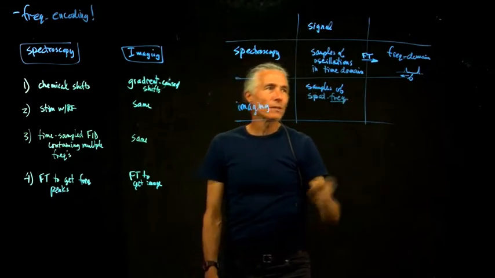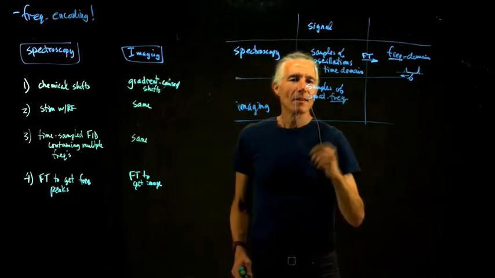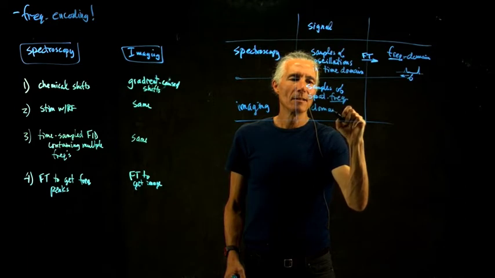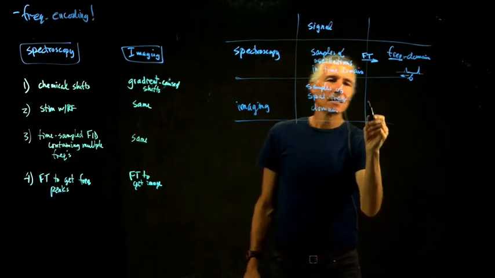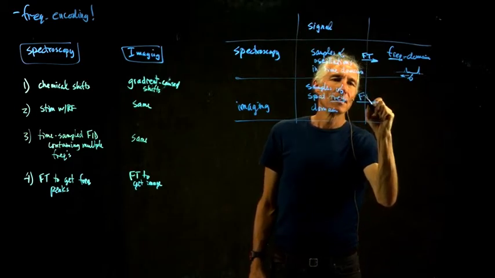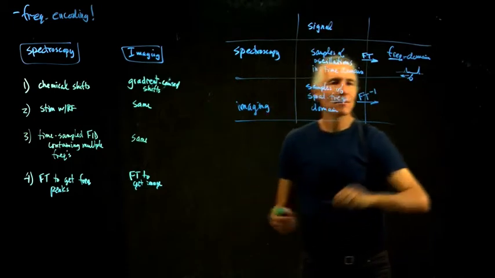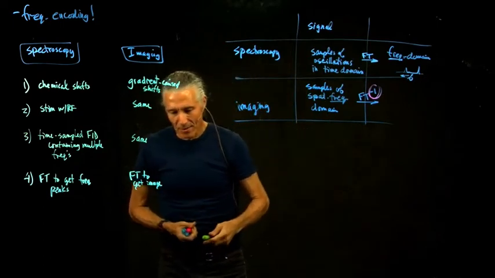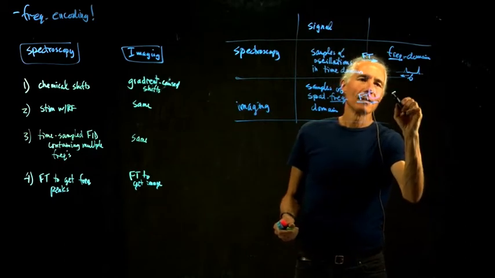We have spatial frequency like this: samples of the spatial frequency domain. And what are we doing? We're doing an inverse Fourier transform, and then we're getting our spatial object.